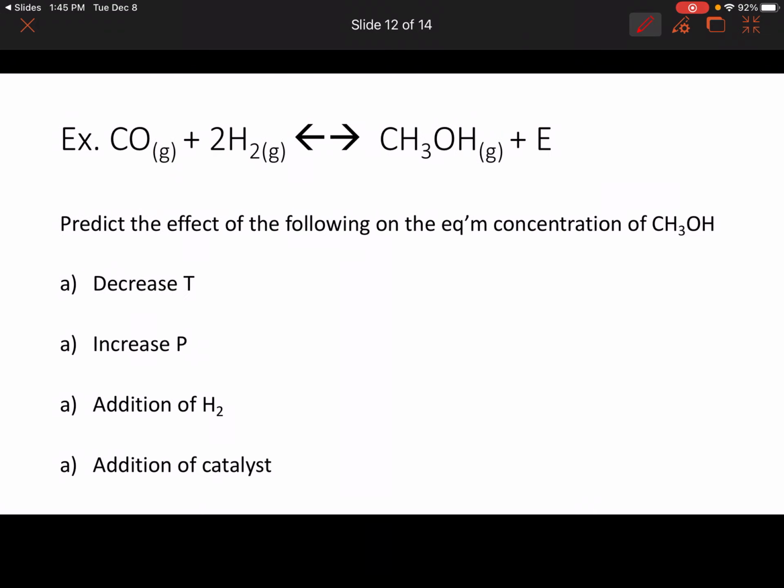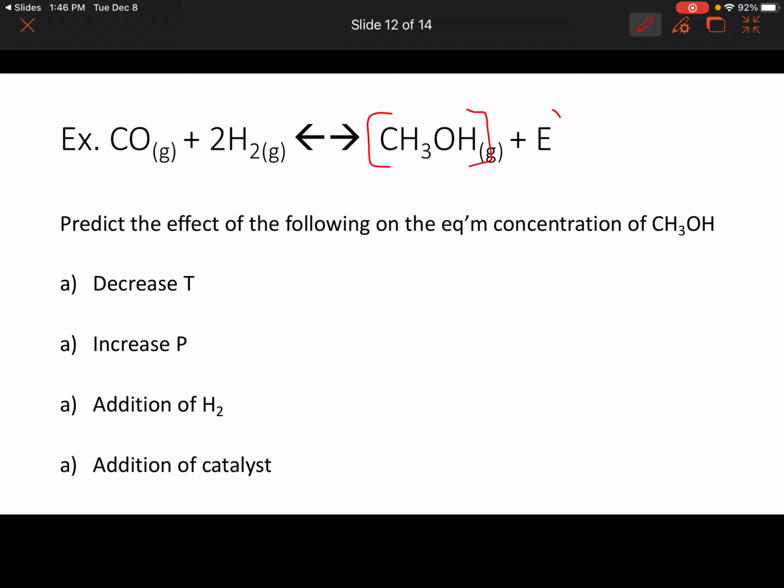Okay, again, try this one on your own, pause the video. Okay, so now predict the effect of the following on the equilibrium concentrations of the CH3OH. So I'm specifically looking at that, okay? So if I decrease the temperature, now this one is noted by energy here. So this forward reaction here is exothermic and the reverse reaction is endothermic in this particular example.